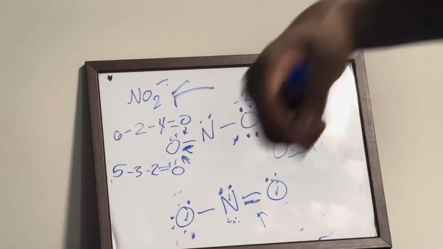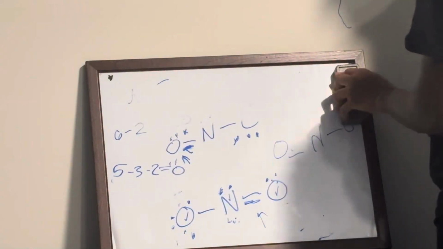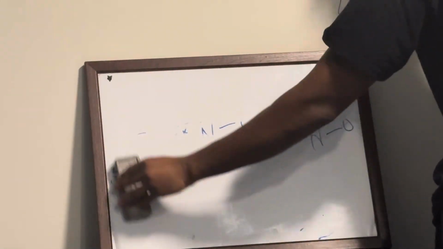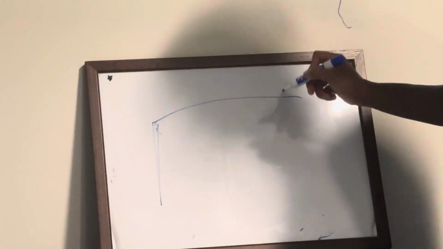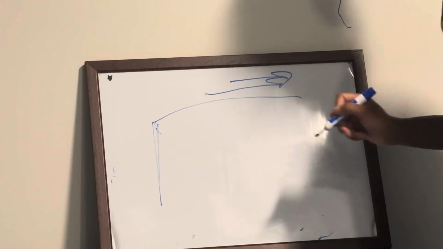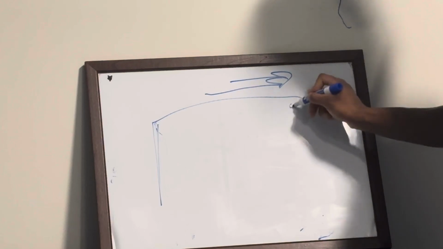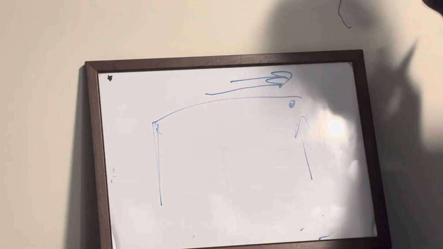The main takeaway was one: choosing which element to start with, and that is the most electronegative, which is always up here as you go up and right.